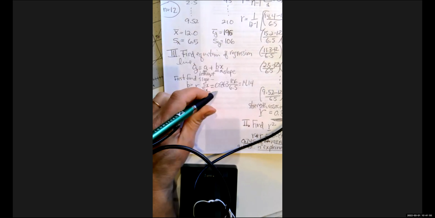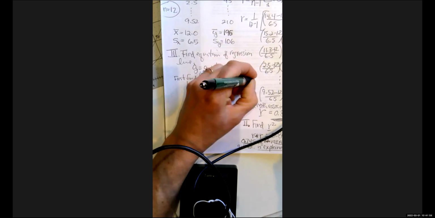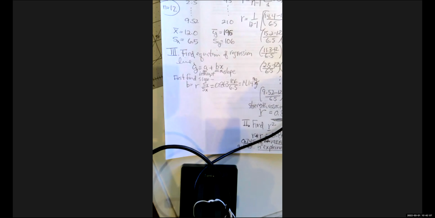The units of b are going to be the units of y divided by x, so this will be milligrams per gram. Little r is unitless. R squared is unitless. All right, we found our slope.